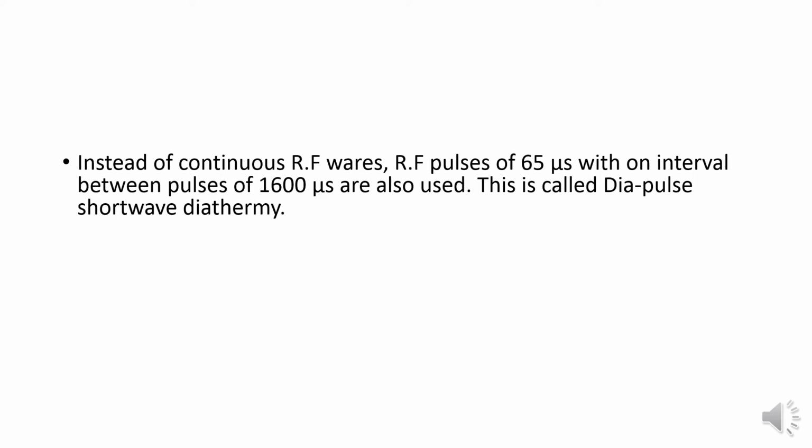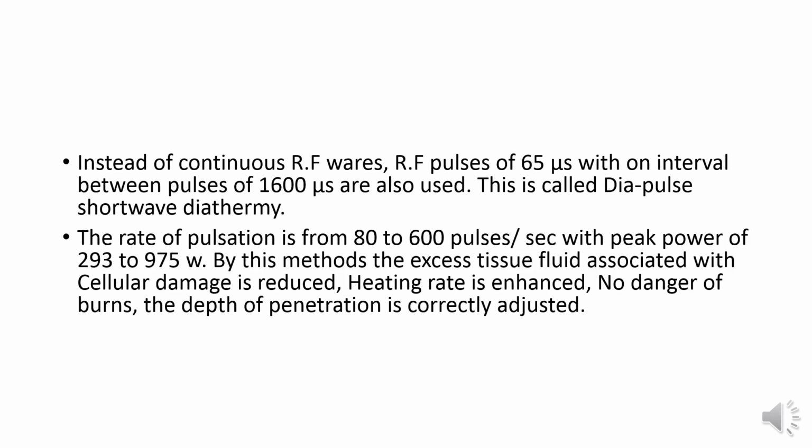Instead of continuous RF waves, RF pulses of 65 microseconds with an interval between pulses of 1600 microseconds are also used. This is called diopulse short wave diathermy. The rate of pulsation is from 80 to 600 pulses per second, with a peak power of 293 to 975 watts.